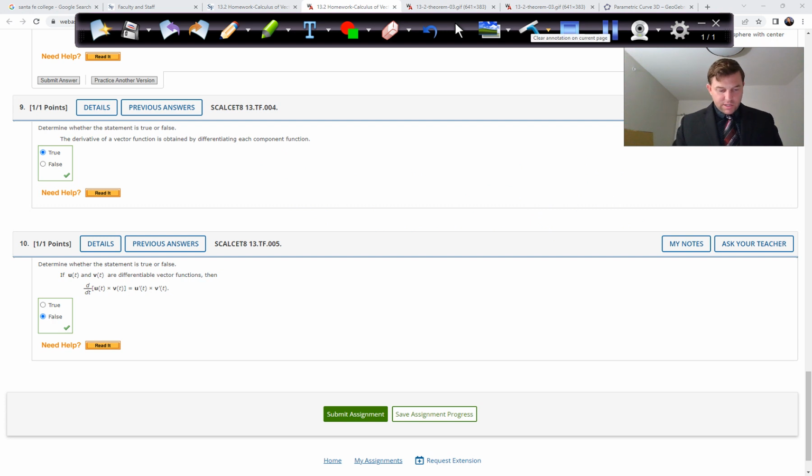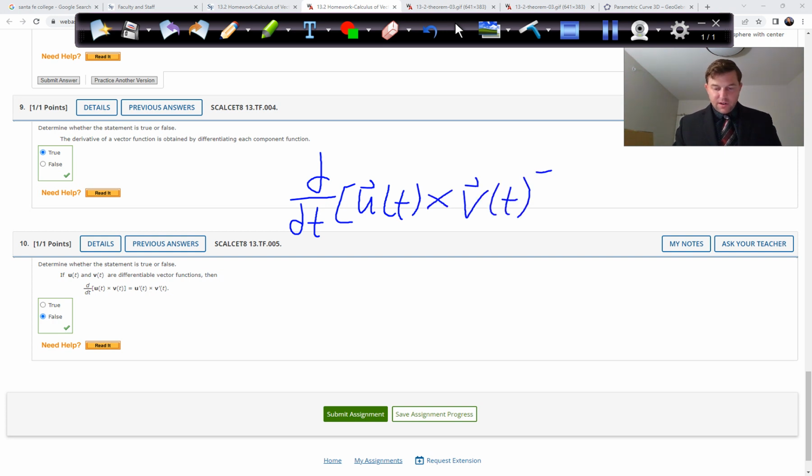Okay, the last one says, if u(t) and v(t) are differentiable vector functions, then the derivative with respect to t of u(t) cross v(t) is equal to u'(t) cross v'(t). Close, but not quite. If you look at the equation that we just looked at, the derivative of the cross product is very, very similar.